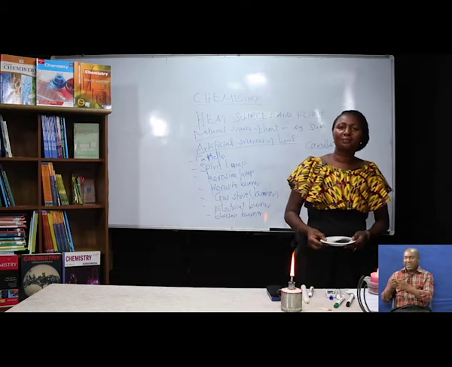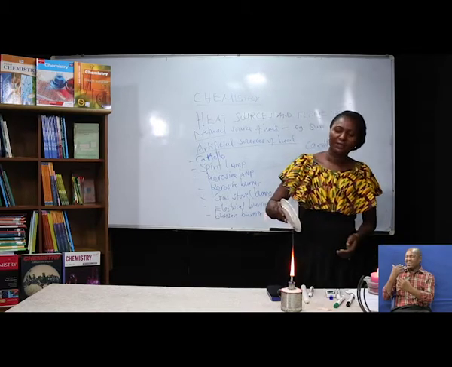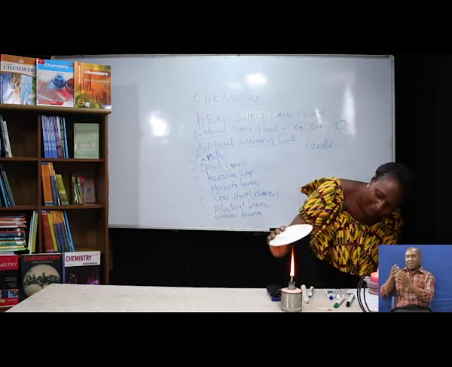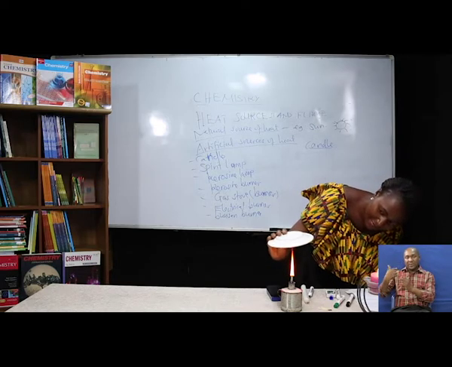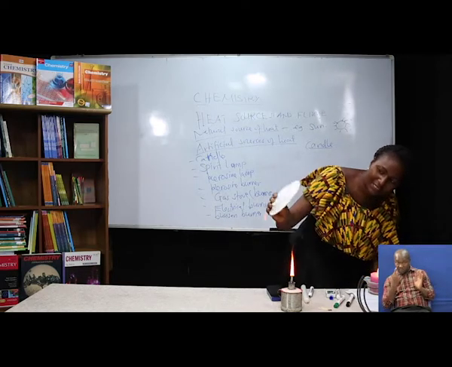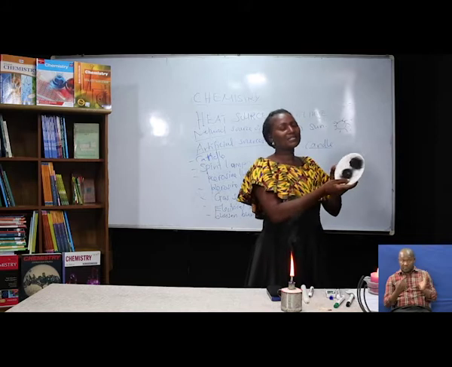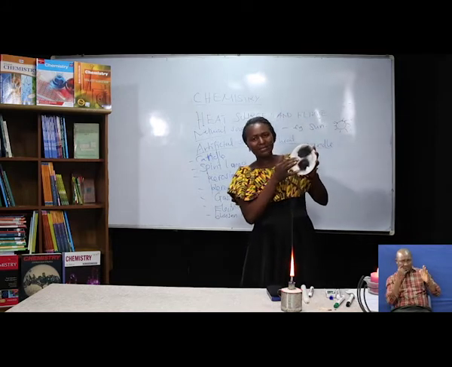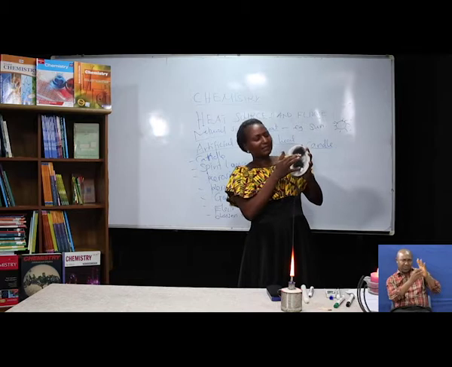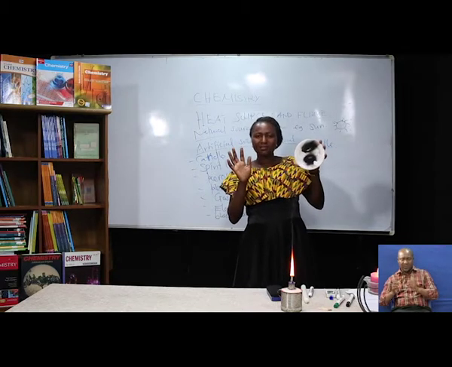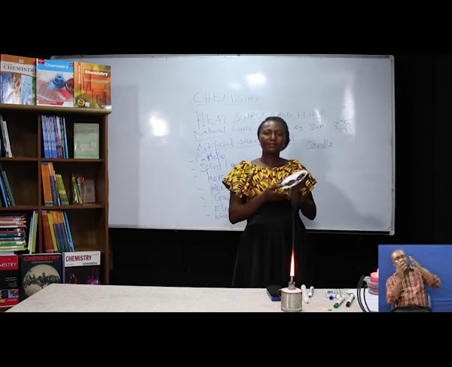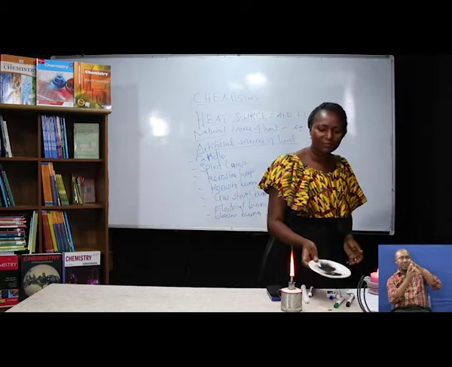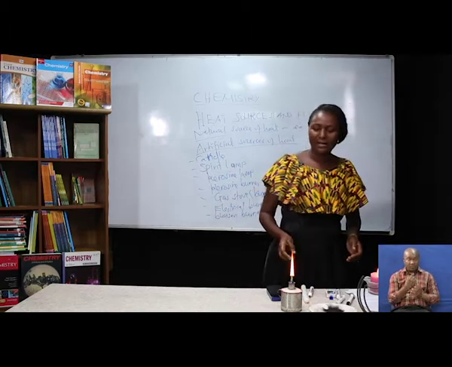When I say soot, it's like this. For example, I put this pan over this kerosene lamp, and a black substance appears over this pan. So this is soot. This is about kerosene lamp.